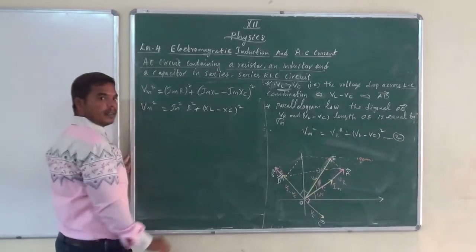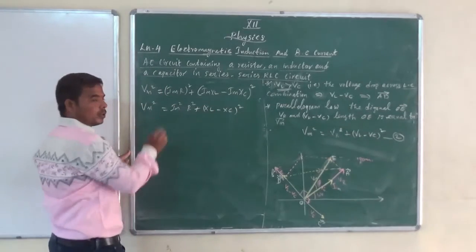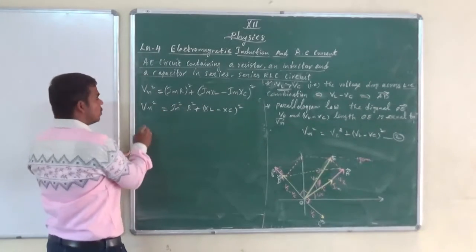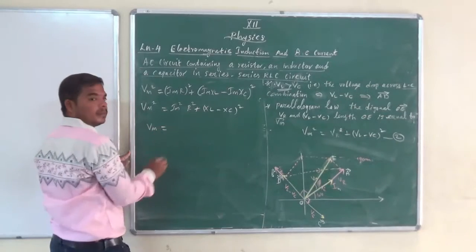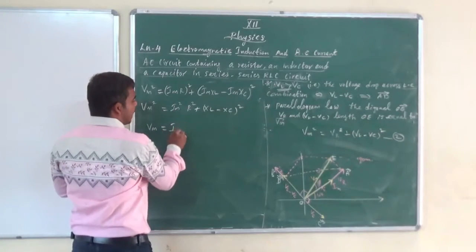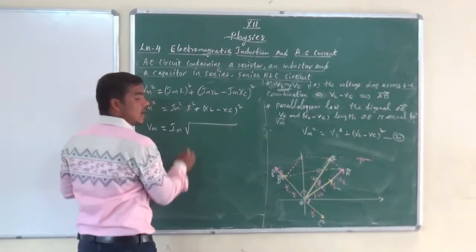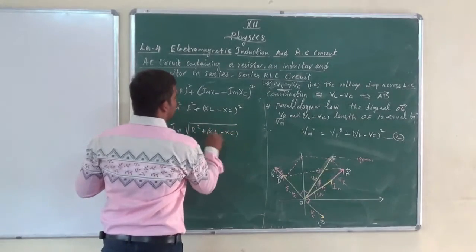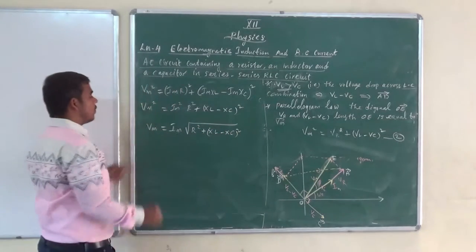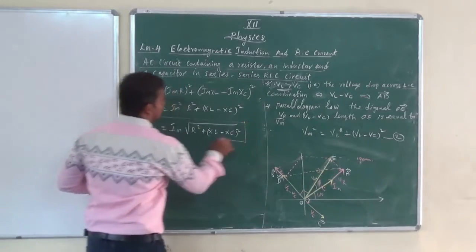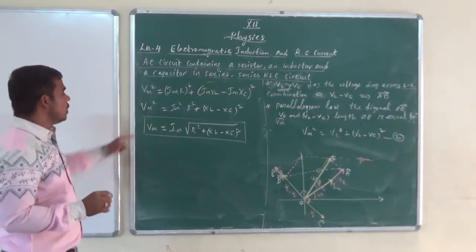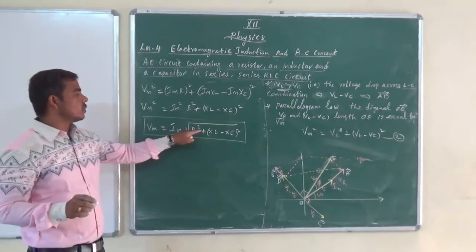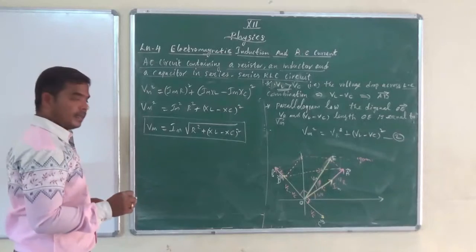Am I correct? Next, take the square root on both sides. On the left side VM, and IM square becomes IM, times the square root of R square plus (XL minus XC) the whole square. Any doubt in the equation now that I have boxed it? No, I hope. So VM equals IM times the square root of R square plus (XL minus XC) square.